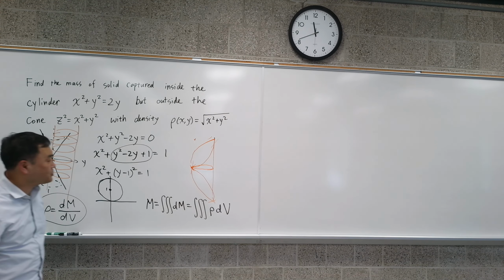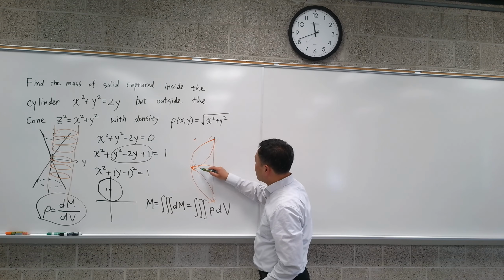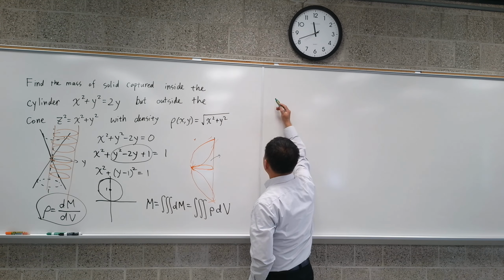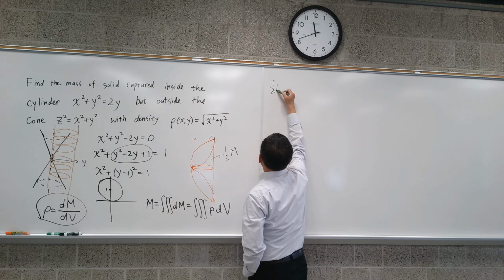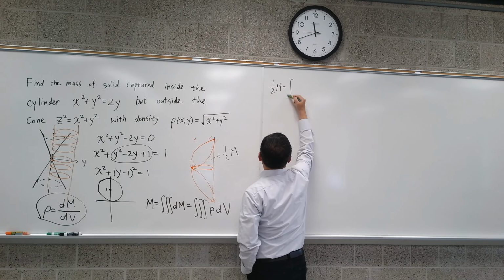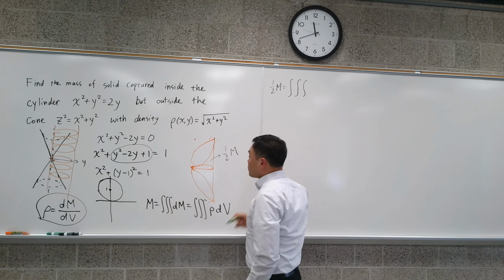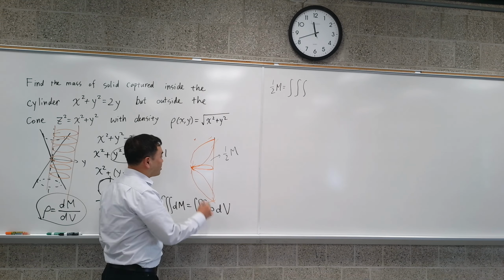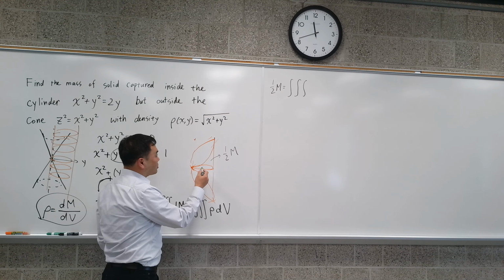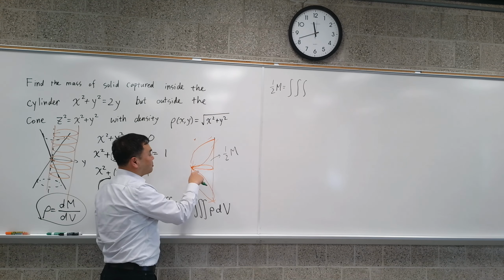So the way to do this is, first we'll just take only this portion. So half of the mass is going to be equal to, and our strategy would be to use polar coordinate system, and we'll try to figure out what to do here.